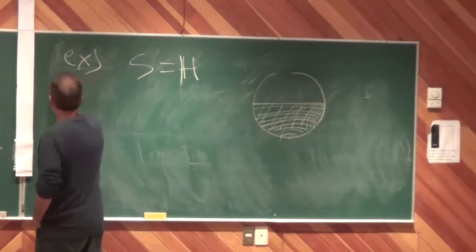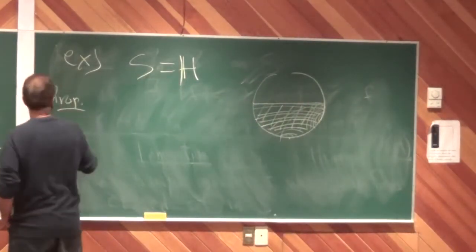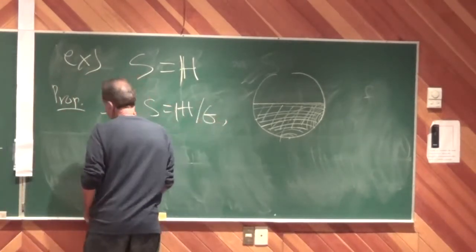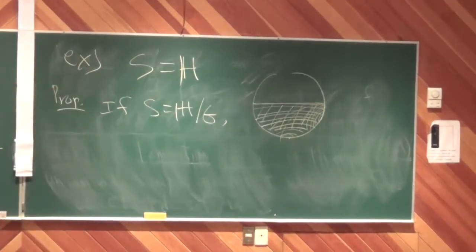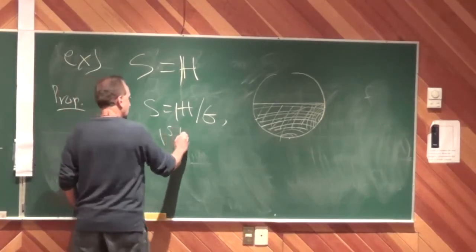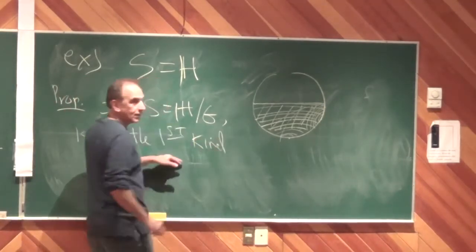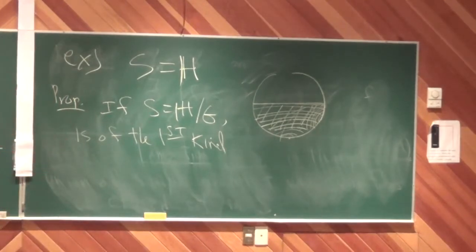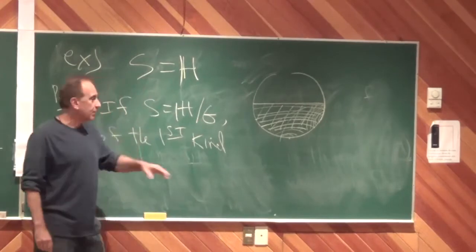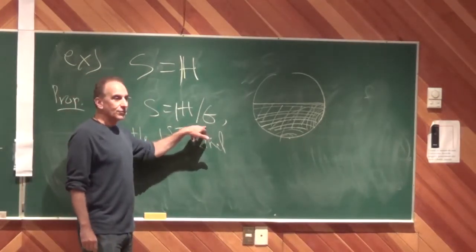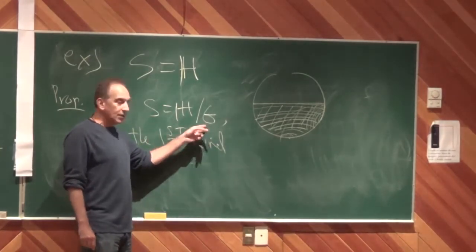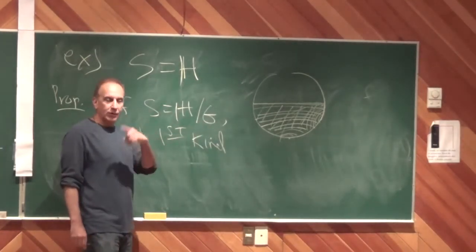So what is true is that if our hyperbolic surface S is of the first kind, and I'll come back to this and be more explicit about what that means when I talk about Fuchsian groups. But just suffice it to say now for the people who know, this group is acting on the circle, on the boundary of the hyperbolic plane, and its limit set is all of that boundary.